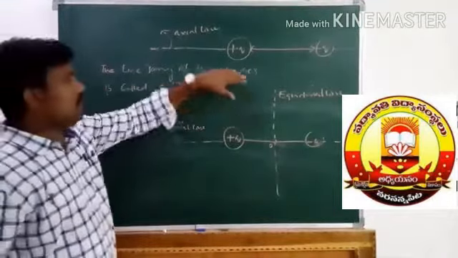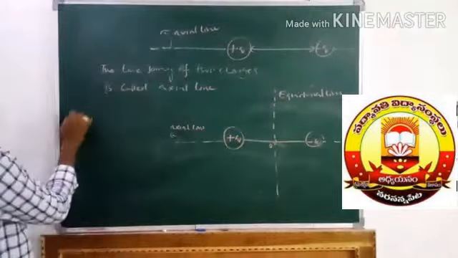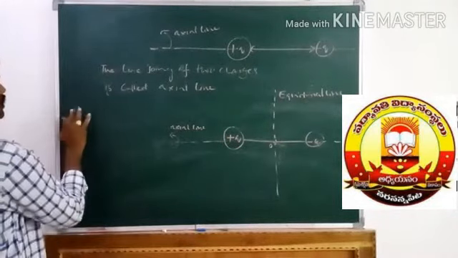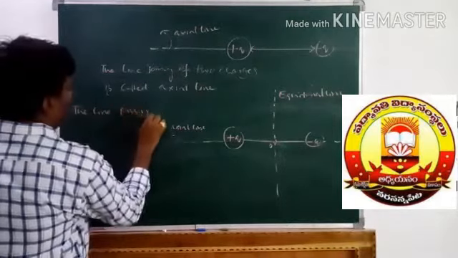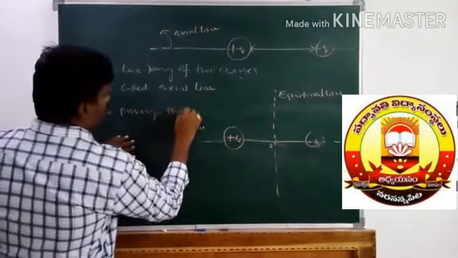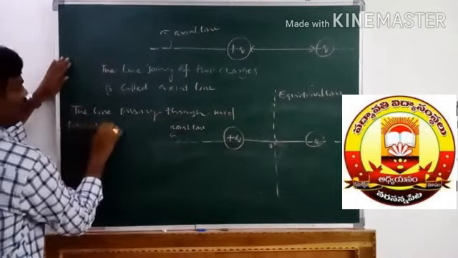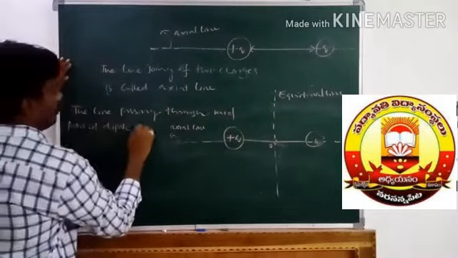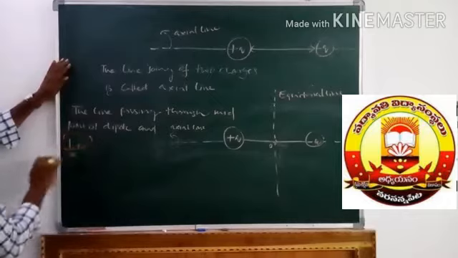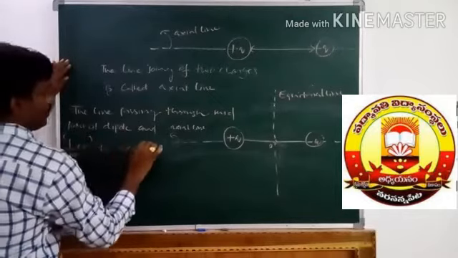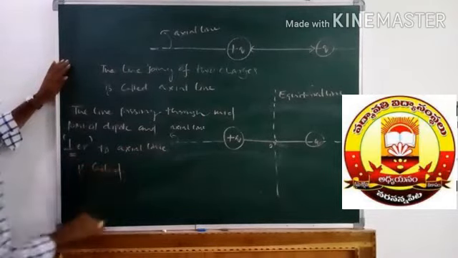Already you know this is the axial line; the line passing through the midpoint O and perpendicular to the axial line is the equatorial line. So the equatorial line is the line passing through the midpoint of a dipole and perpendicular to the axial line.